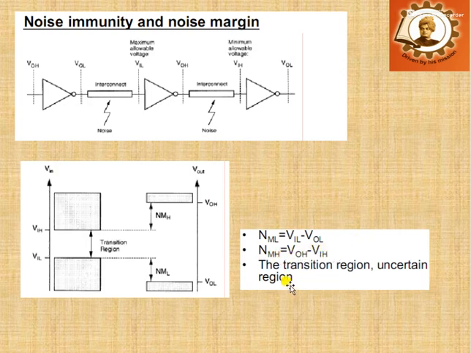The significance of this noise margin is that an unwanted signal of amplitude less than the noise margin will not alter the logical value. A noise amplitude greater than the noise margin puts the signal in the transition region, and no perfect voltage level will be obtained as logic level 0 or logic 1.